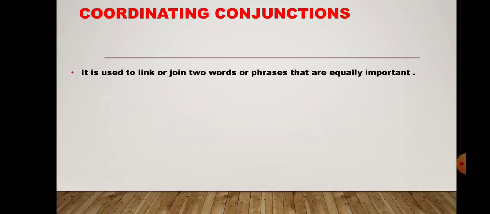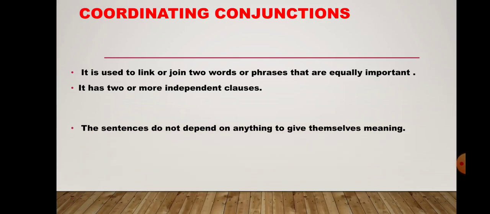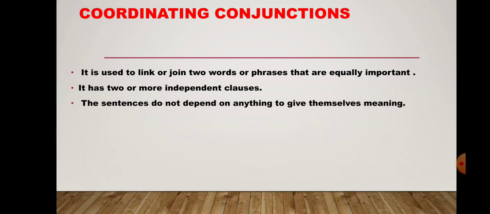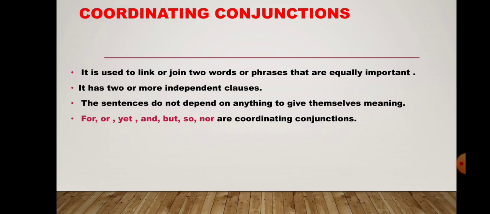It is used to link or join two words or phrases that are equally important. It has two or more independent clauses. The sentences do not depend on anything to give themselves meaning. For, or, yet, and, but, so, nor. All these words are coordinating conjunctions.